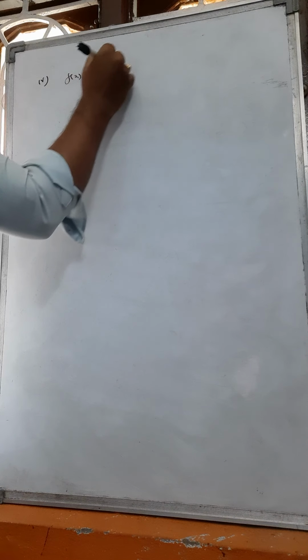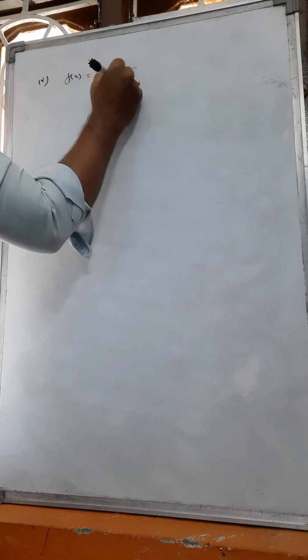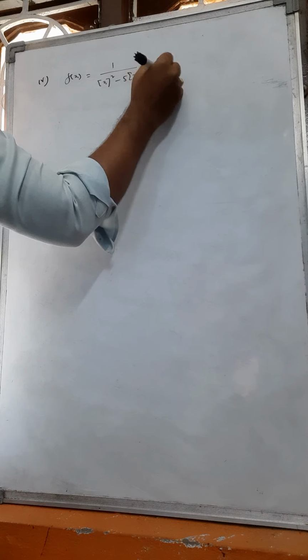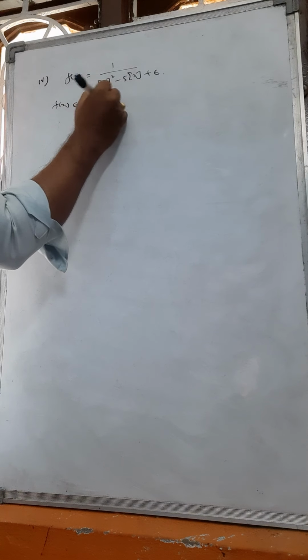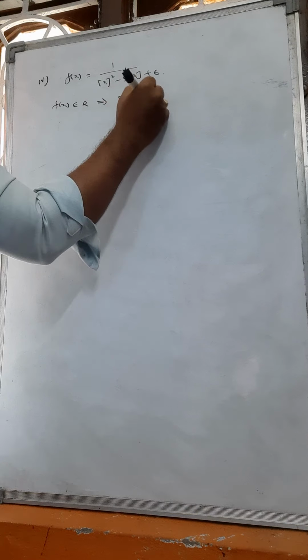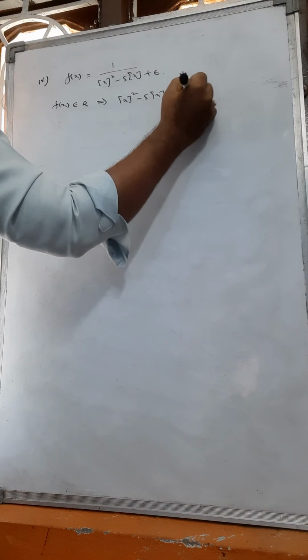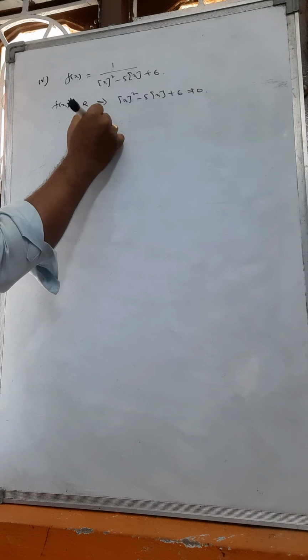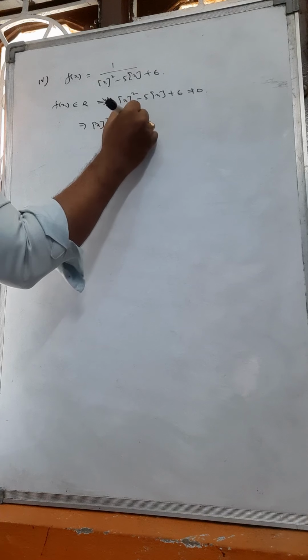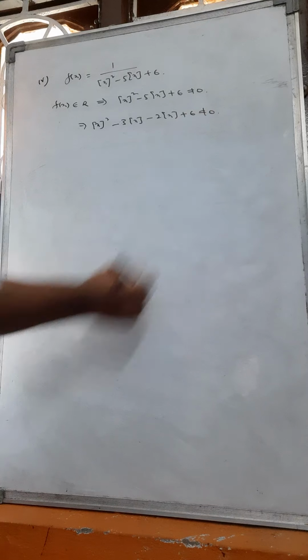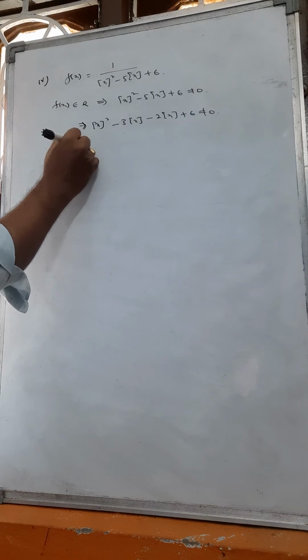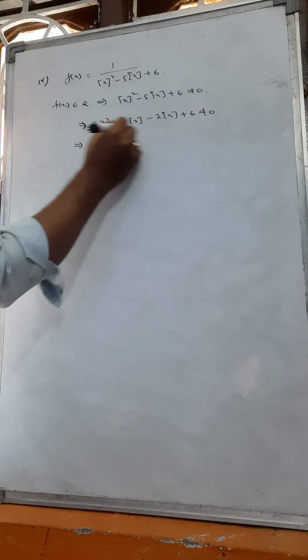Next, fourth one, f(x) = 1/([x]^2 - 5[x] + 6). So f(x) belongs to R, so [x]^2 - 5[x] + 6 is not equal to 0. Here we will get [x]^2 - 3[x] - 2[x] + 6 is not equal to 0. [x] is common from the first two terms, and -2 is common from the other two.